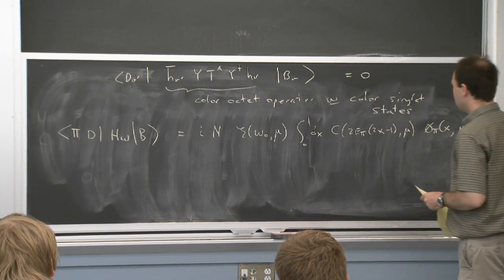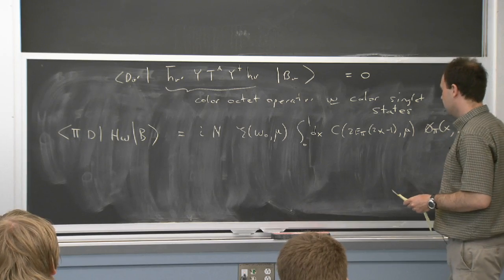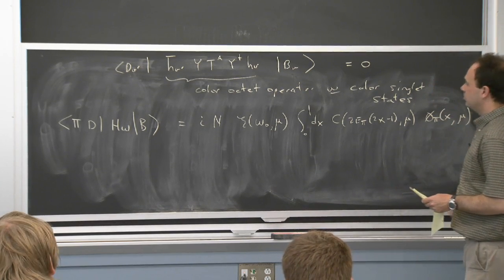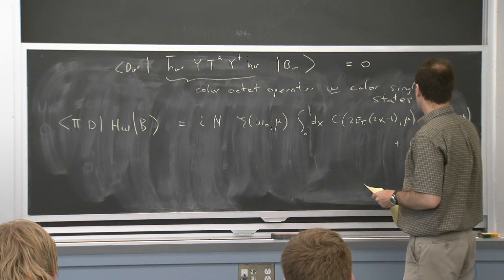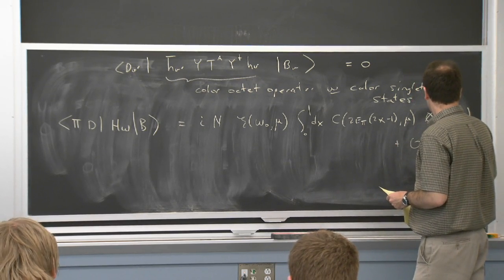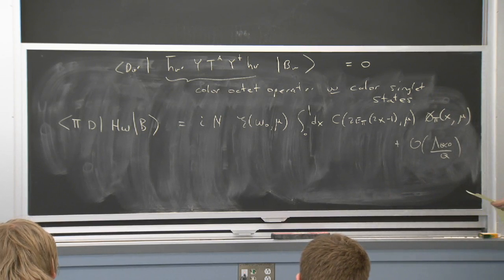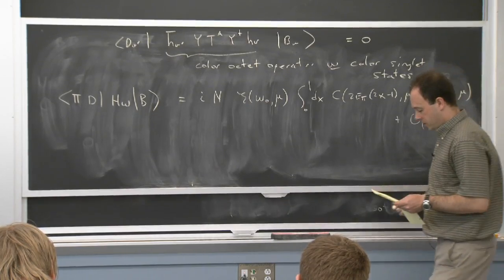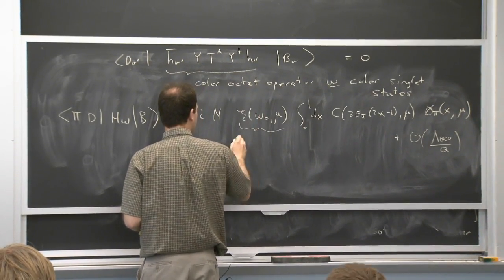So we see an example where it showed up in a totally different type of process from the one we were considering previously, thereby showing us the universality of that function. And then there would be power corrections to this whole thing that we're neglecting that go like lambda QCD over those hard scales. Okay, so this is the Isgur-Wise function.